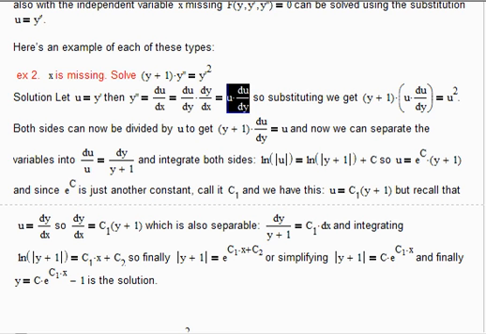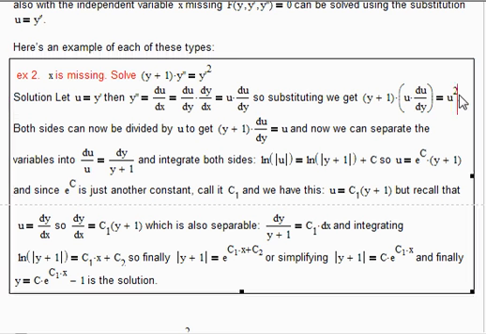Then we substitute into the other equation. We get y plus 1 times u du dy equals y prime squared, which is u squared, because we said u is y prime.